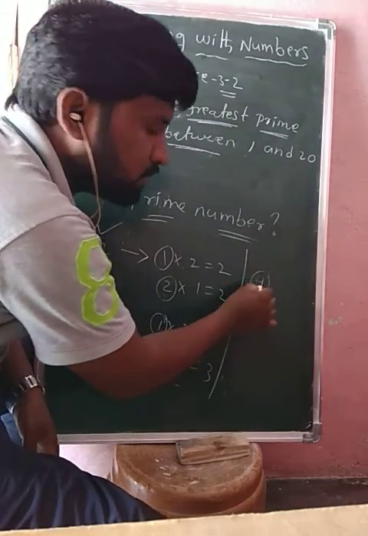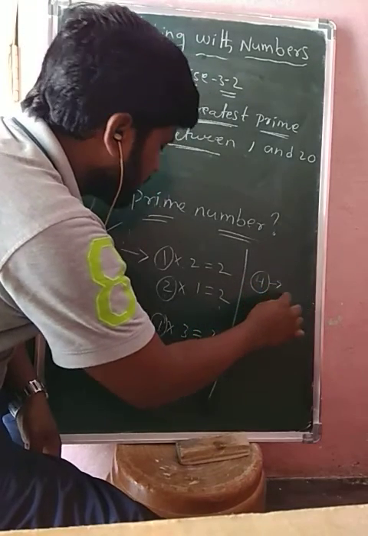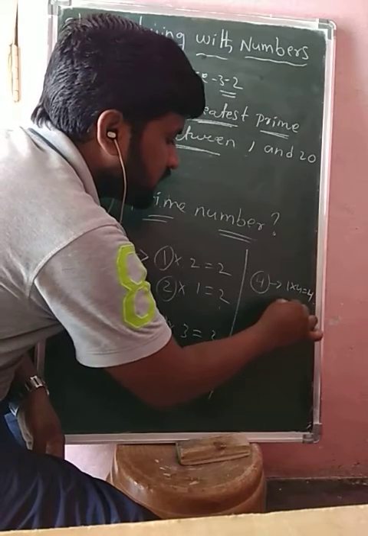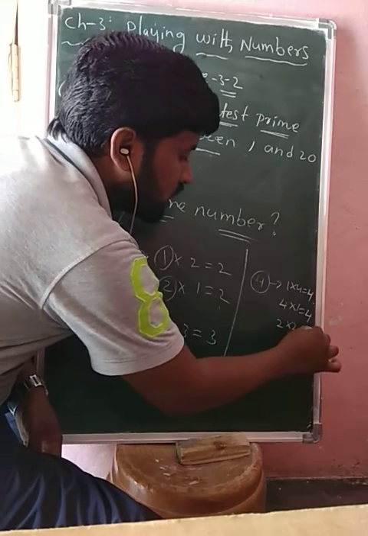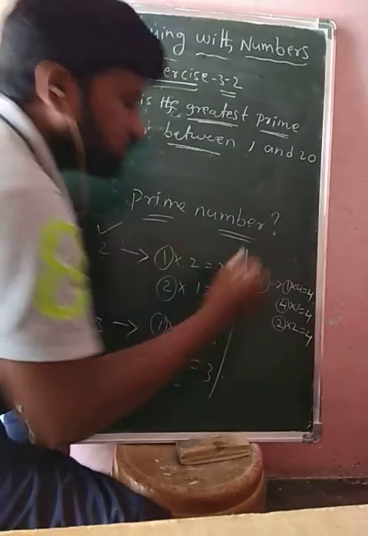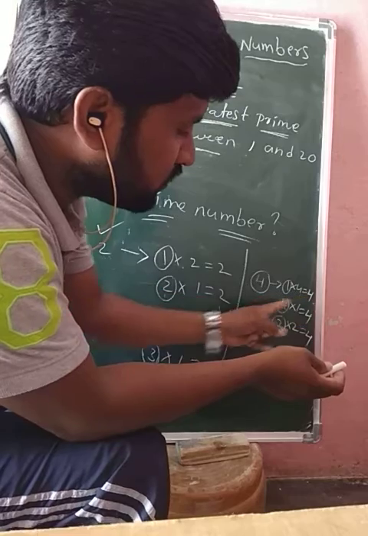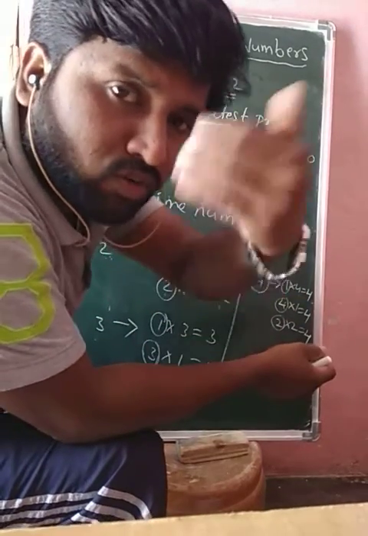4. Is it a prime number? What are the factors of 4? We can write it as 1 4s are 4, and itself. 4 1s are 4 and 2 2s are also 4. How many factors? 1, 4, 2. More than 2 factors.